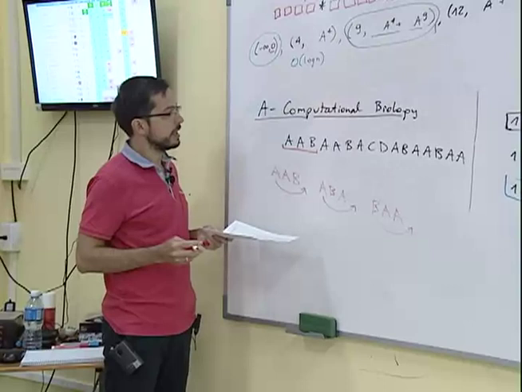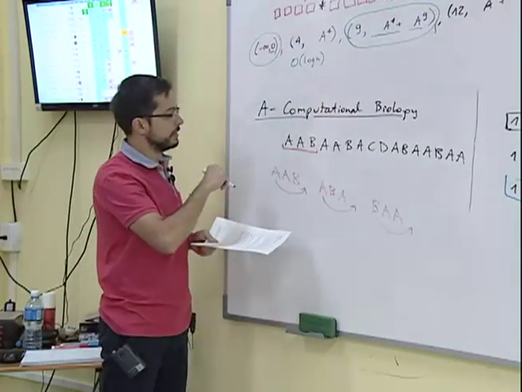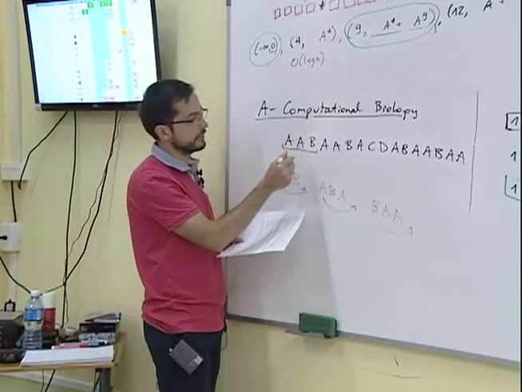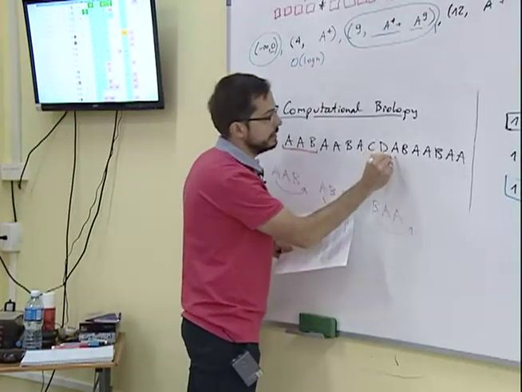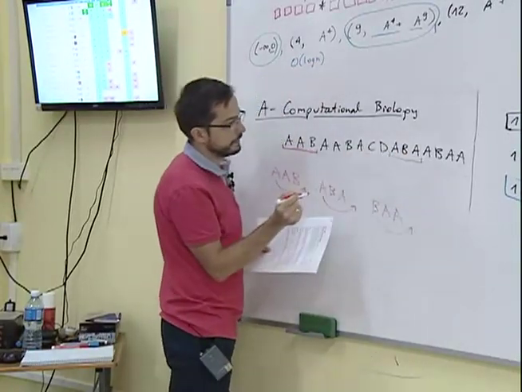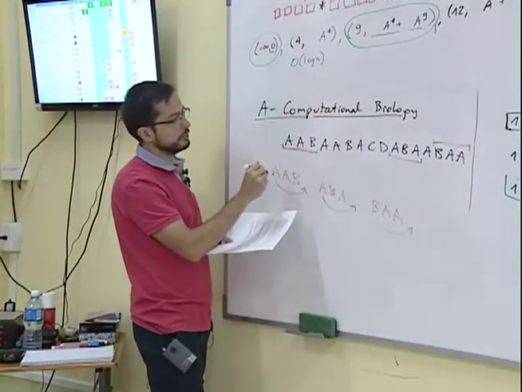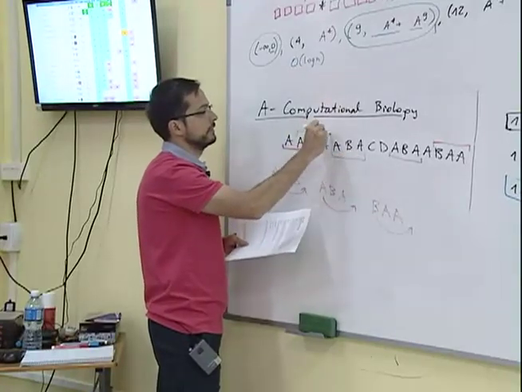And we can see that all of these cyclic rotations appear in our example. So A, A, B appears here. A, B, A also appears here. B, A, A appears here, but they also appear multiple times. So for instance, A, B, A appears also here and also here.